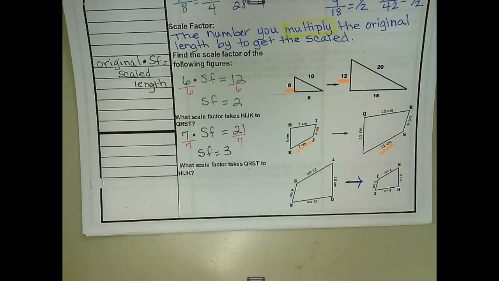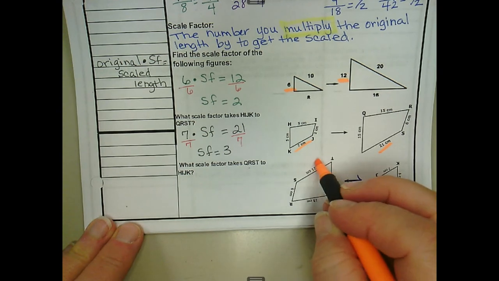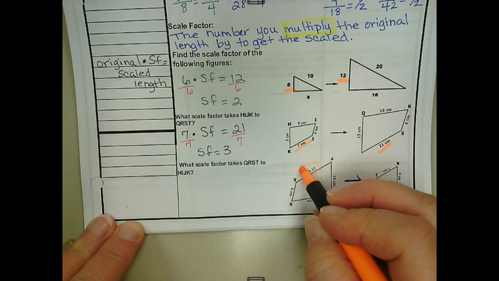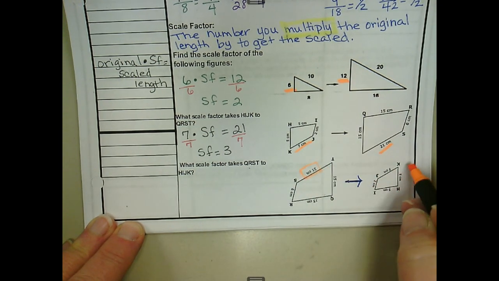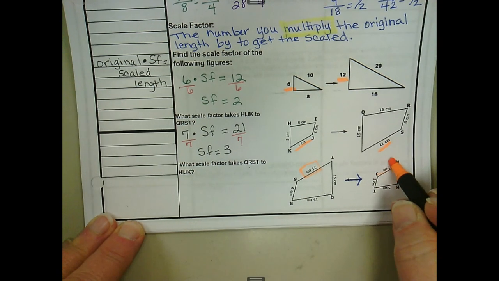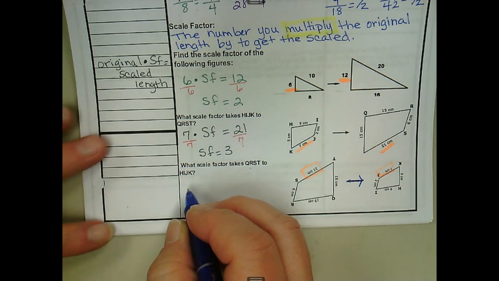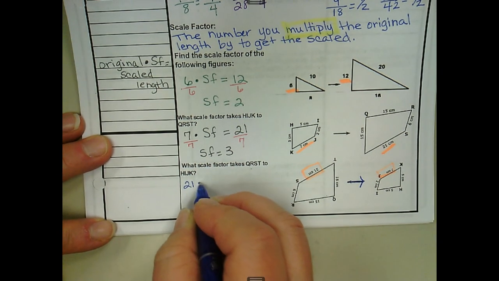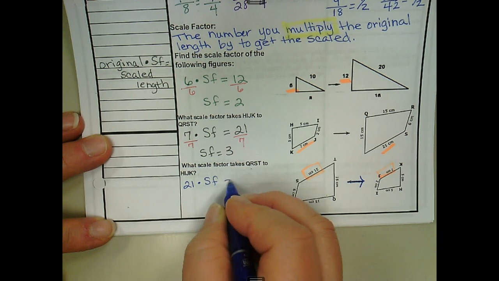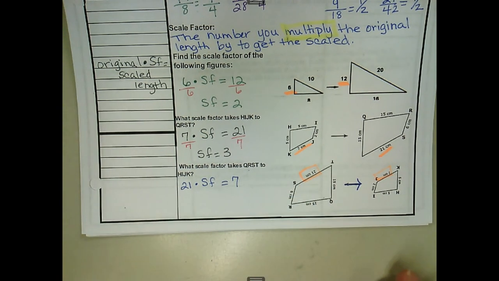Okay, once again, I am going to use 21 and 7. So 21 times my scale factor will end up as 7. You still do the same thing. You are still multiplying, but your scale factor will be a fraction between 0 and 1.